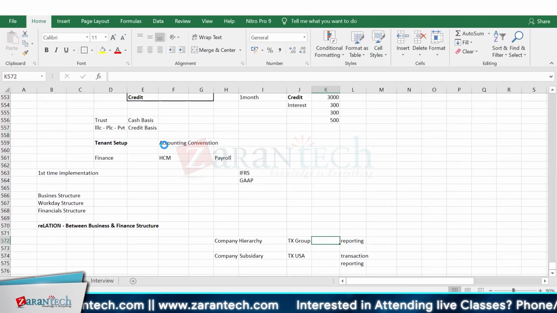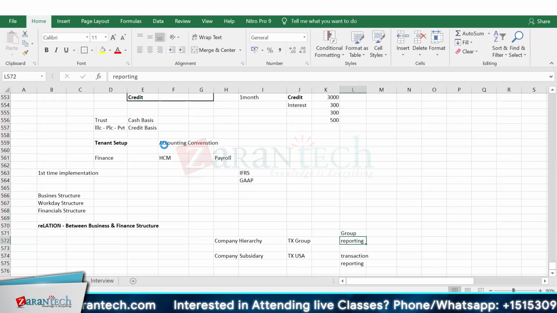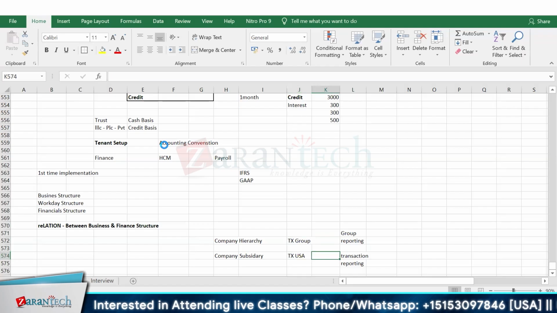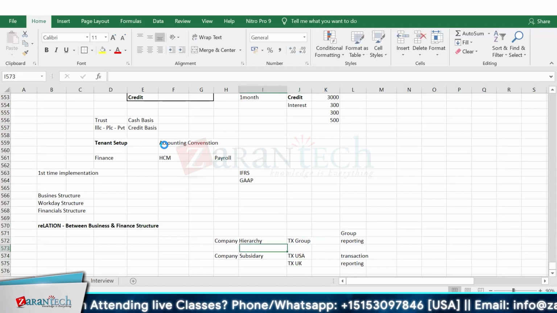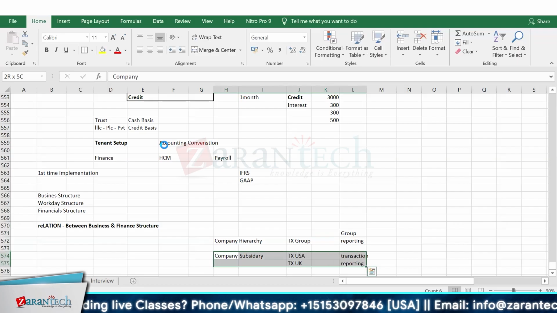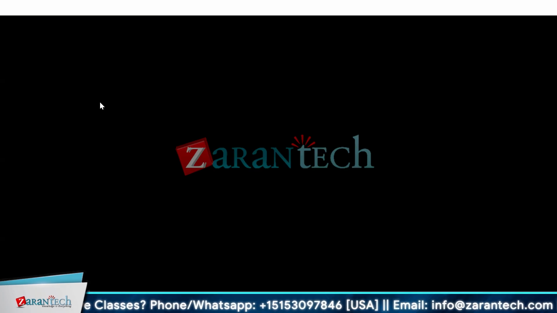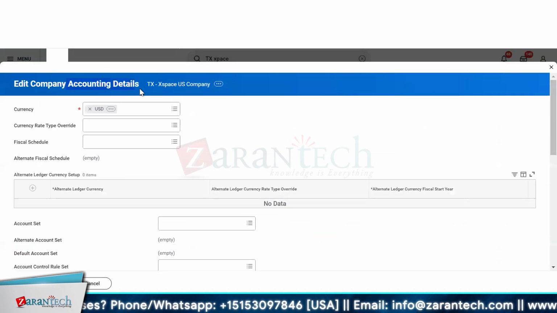And the second one, BP, I think she has explained that it's a group. Another good point. It's a grouping, not the specific. In my grouping, I have TX USA and TX UK both. That's the reason from the transaction perspective we have company accounting details.